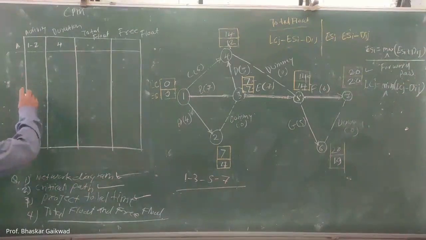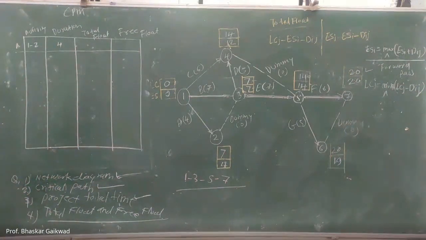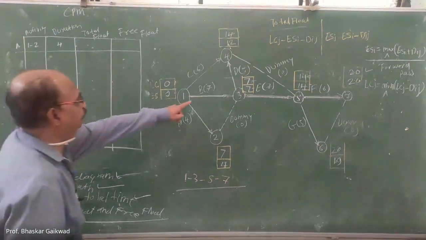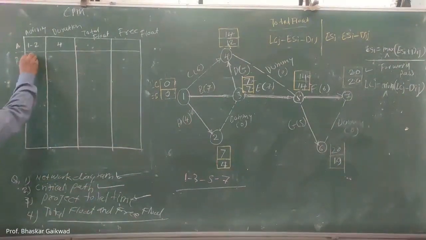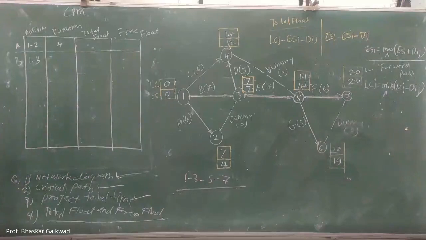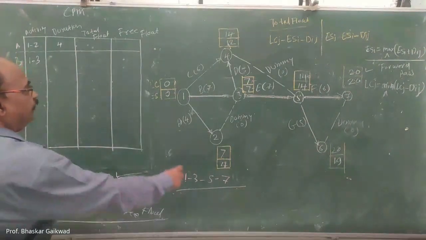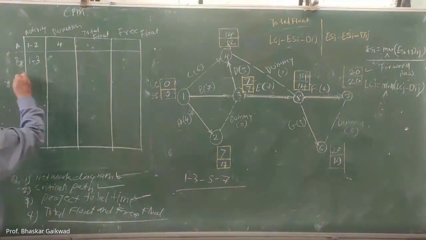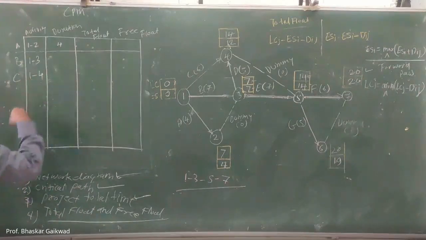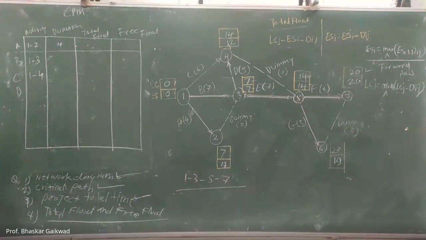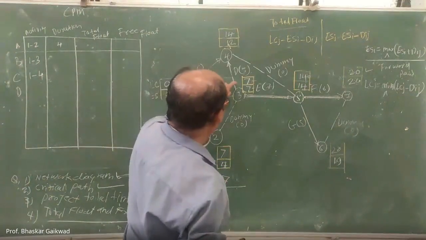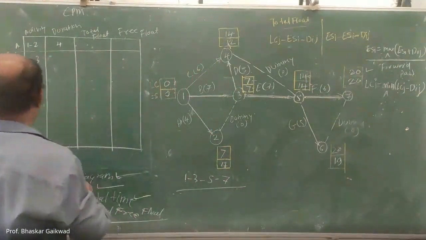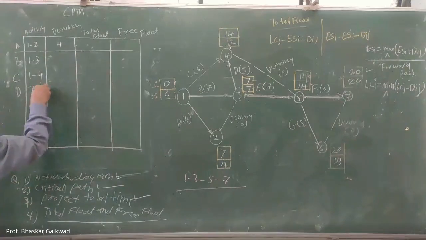So 1 to 2 is the A activity, and where is the B activity? Here B. Correct? So here B we can write 1 to 3. Then C activity 1 to 4. Then D activity is there, D activity 3 to 4.